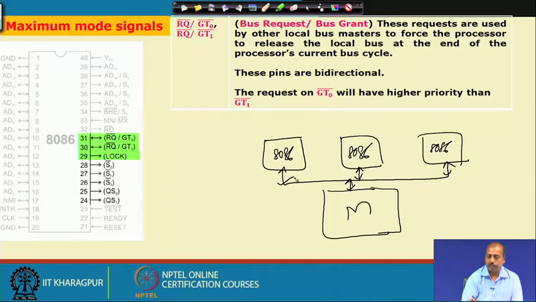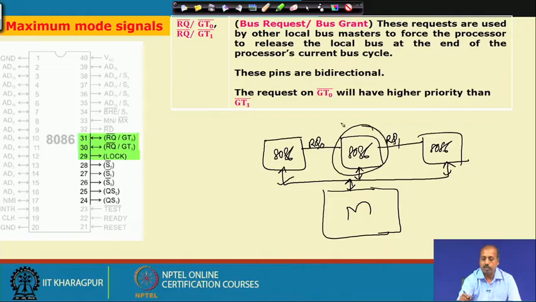Now, whenever any processor needs to access the memory, it has to tell the other processors that it needs to access it. So, it may be that this one is connected over the RQ0 line, and this is connected over the RQ1 line. If this is the main master, then when this one needs to use the bus, on the RQ0 line it will send a request to this.